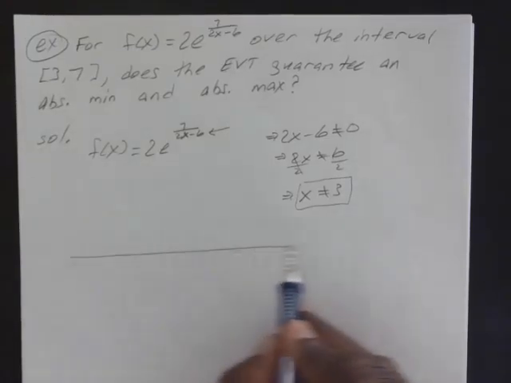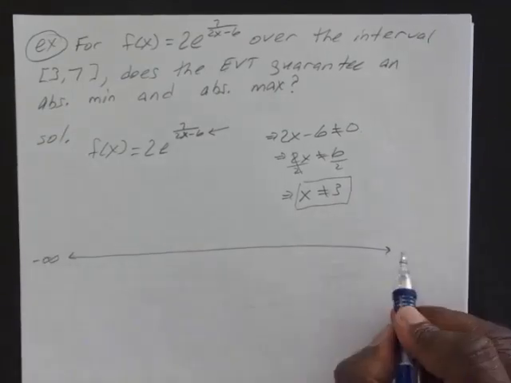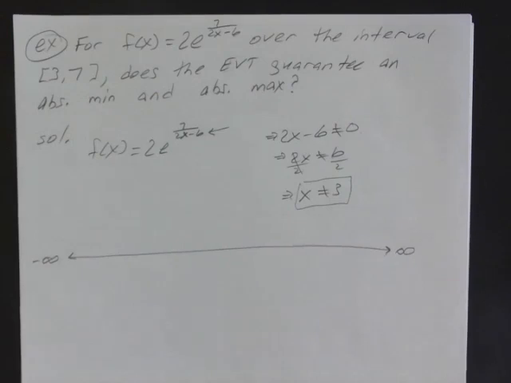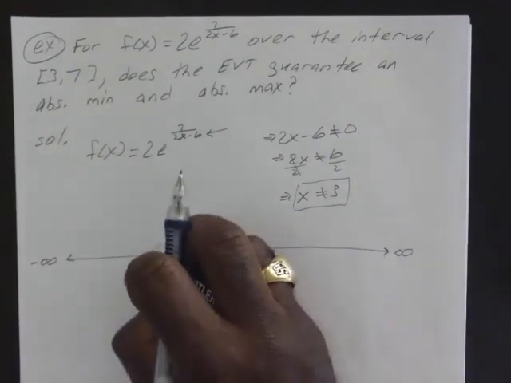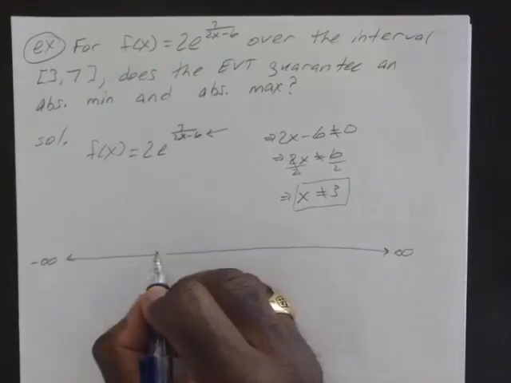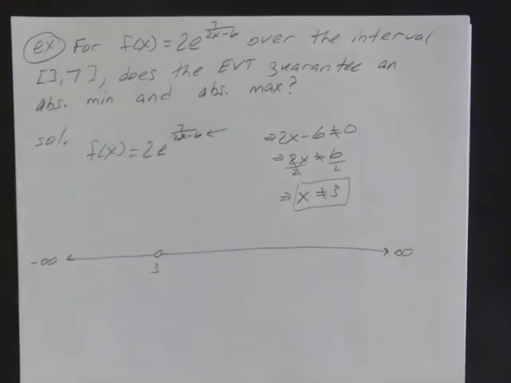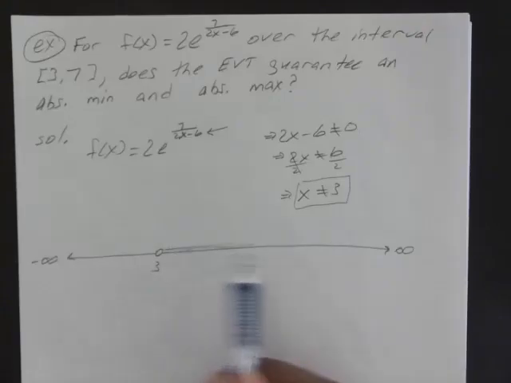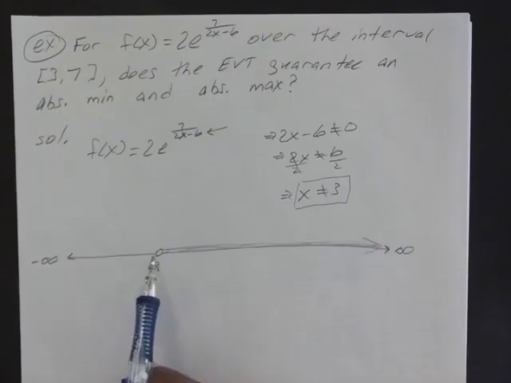Okay, so that means we draw our number line. As long as x does not equal 3, and I'll just put an open circle there for 3, you're okay. So x can equal any value to the right and any value to the left.